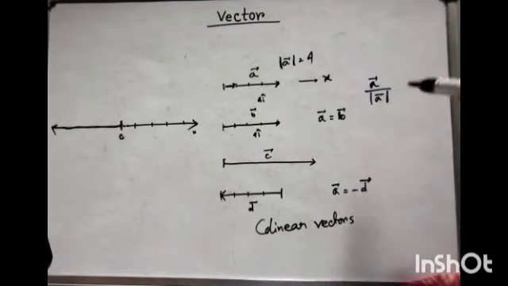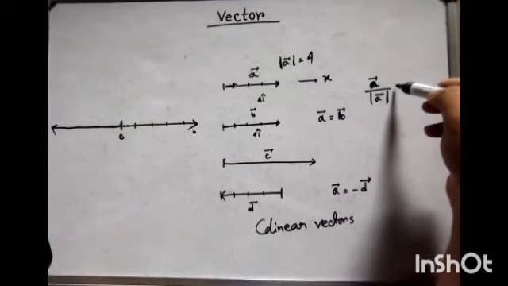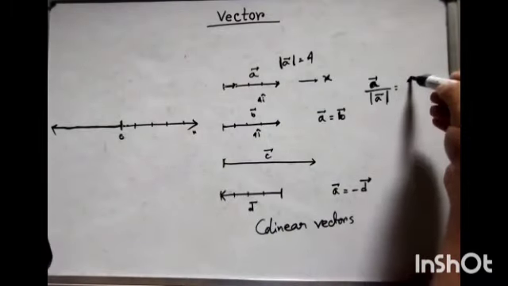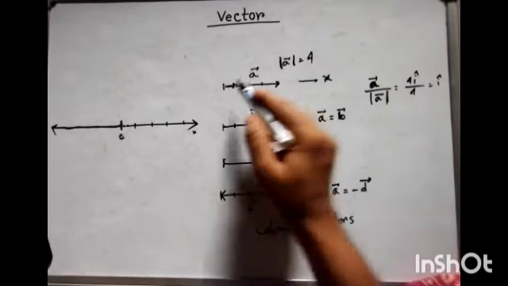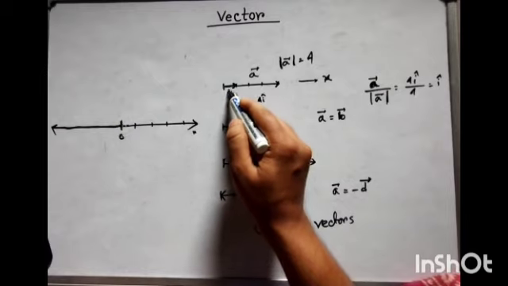If you divide a vector by its magnitude, you get a unit vector. Here a vector is 4 i cap; if I divide it by 4, I get only i cap, which is 1 unit.